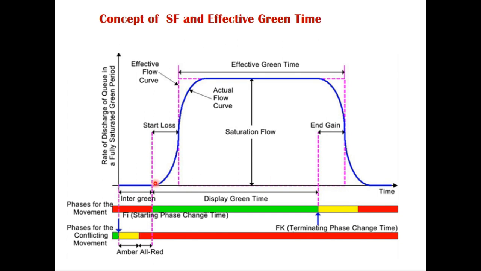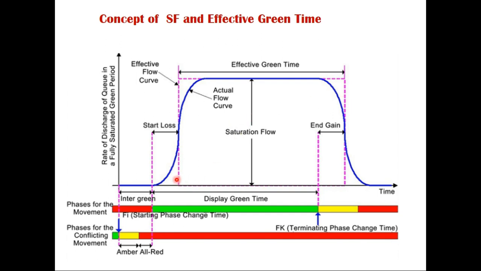Now this curve, the blue one, is the ideal curve for explaining saturation flow and green time. It is always convenient to replace this curve by a rectangle having the same area as the area under the blue line and the same height as the height of this graph, and this rectangle, you see the dotted rectangle here.